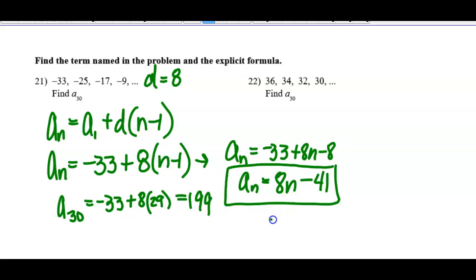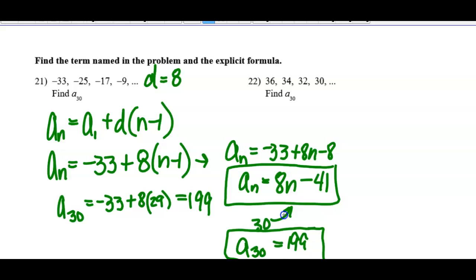And then you could have said, I'm going to put a 30 in here. So you do 8 times 30 minus 41, and you get 199. Okay? So it doesn't matter at what point you put that in. So a sub 30 is 199. So we found the 30th term and the explicit formula.